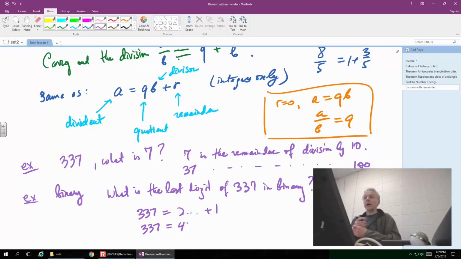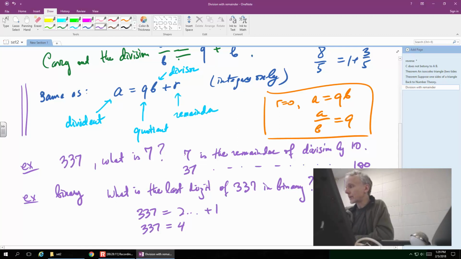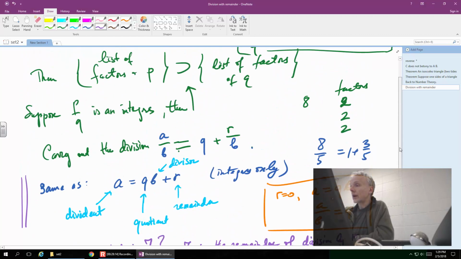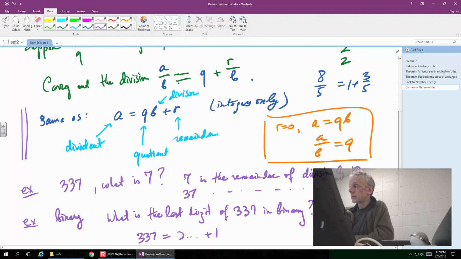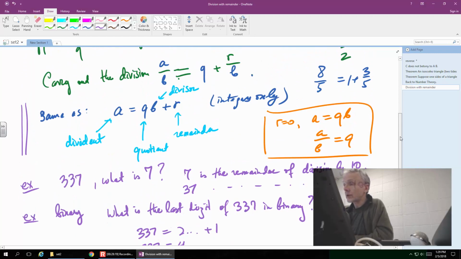I'm not sure if the ancient Greeks were thinking about binary numbers, probably not, or decimals. They didn't have decimals. They were thinking about fractions and integers, for the most part. They wanted to ensure that this is possible to carry out in the first place. That's the issue we're going to address.